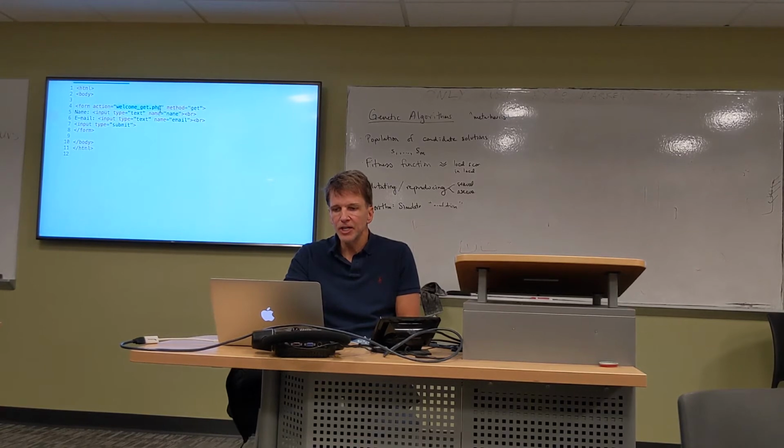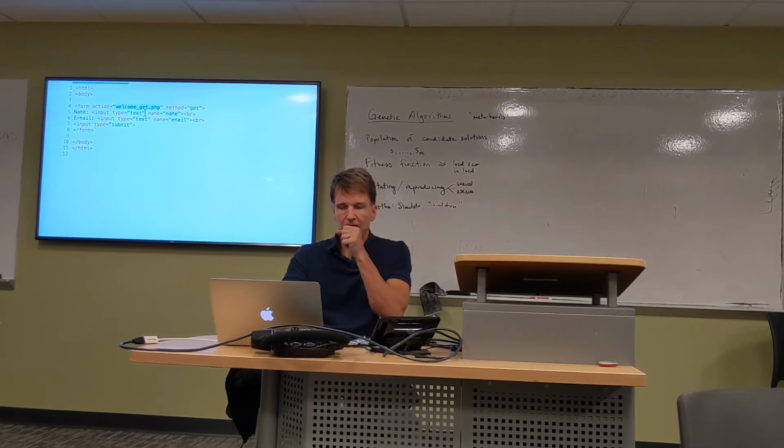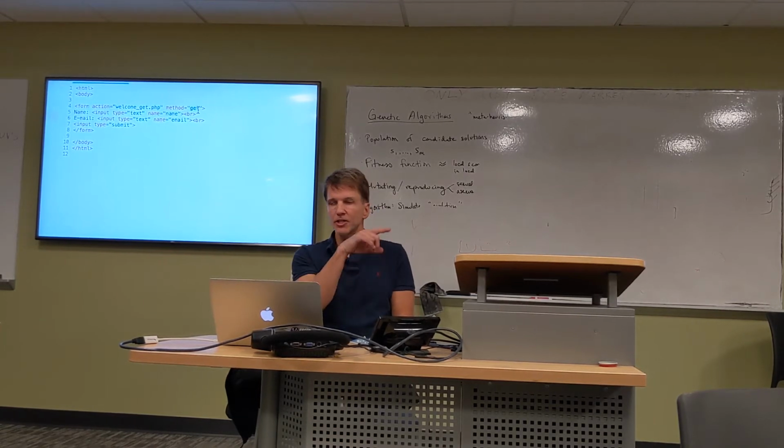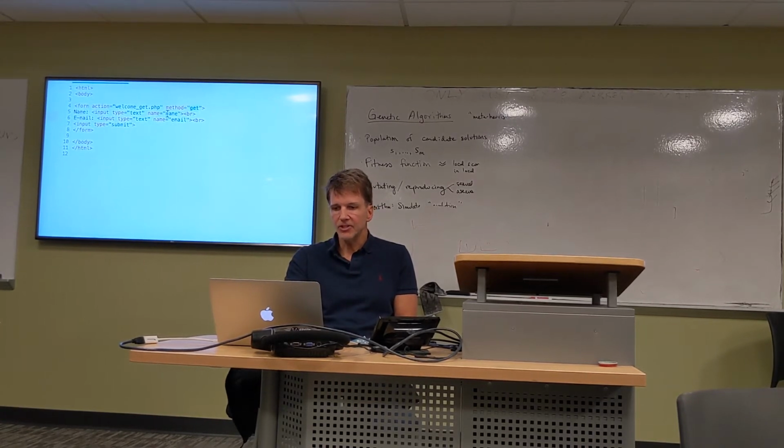And the action here is to go to another web page called welcome under get.php. And the method, which is exactly the topic that we're talking about right now, this could be get or post. In this case, it's get, and that means that the answers here are going to be encoded into the URL when we go to this next web page called get.php.